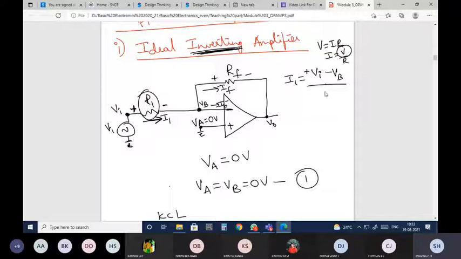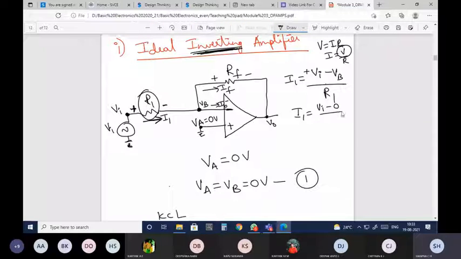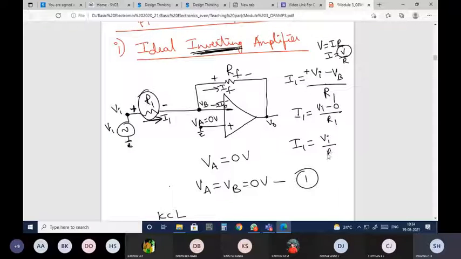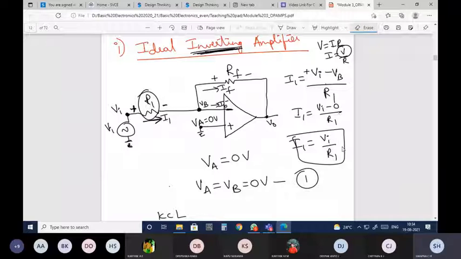What is the resistance there? R1. R1 is the resistance there. This is my I1 equation. And you know that VB is equal to 0. So I1 is equal to VI minus 0 divided by R1. So I1 is equal to VI by R1. This equation I'll name as the third equation.